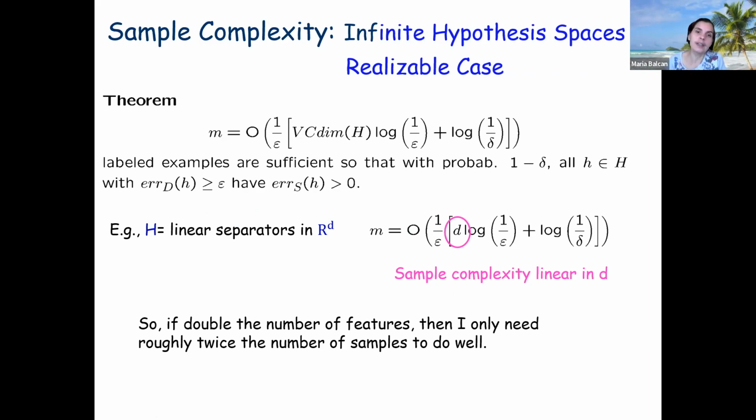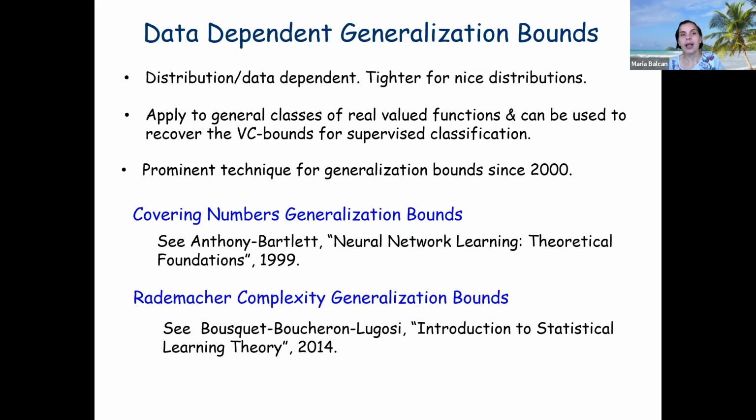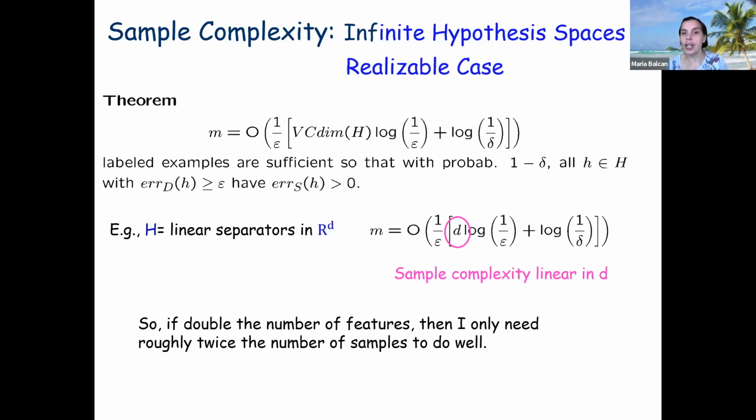What if your target function is nice? Then there are bounds based on Rademacher complexity and based on covering bounds. So there are tighter bounds that lead to better generalization in certain cases. But the bounds that work in general, no matter what the hypothesis space H is, and no matter what the underlying distribution is, are based on the VC dimension.